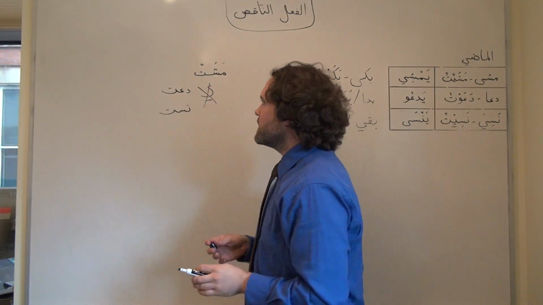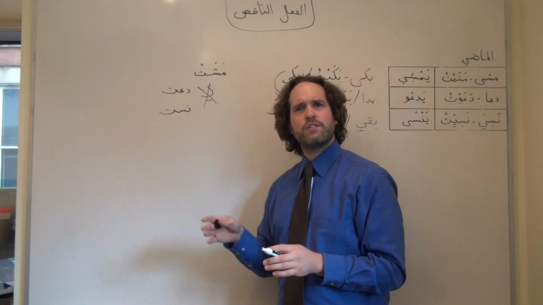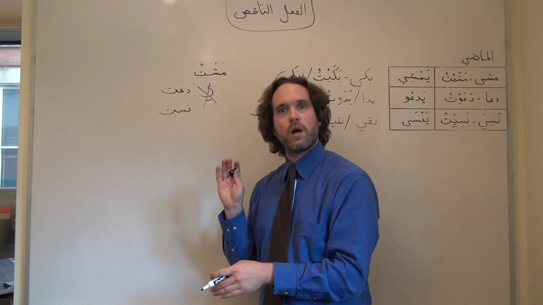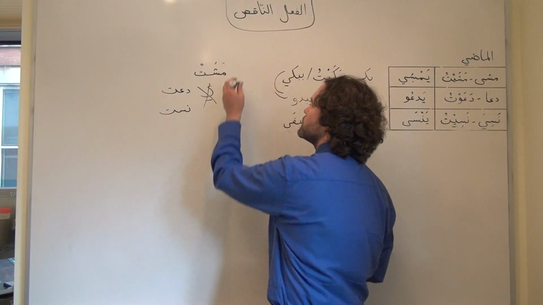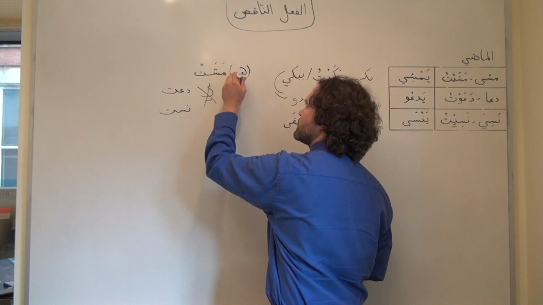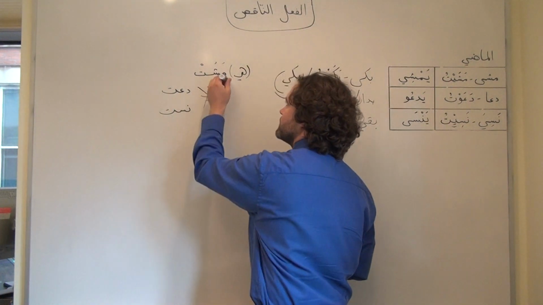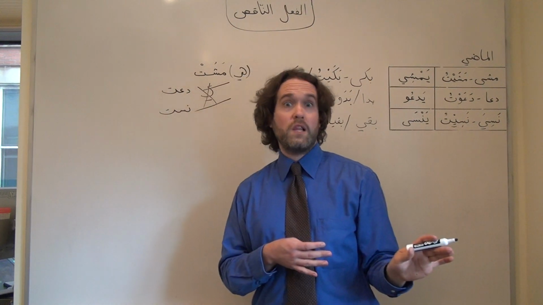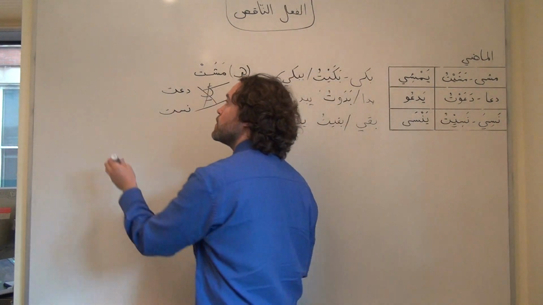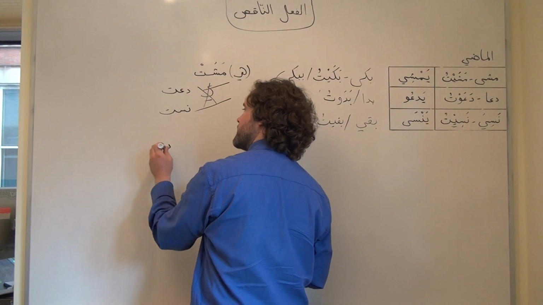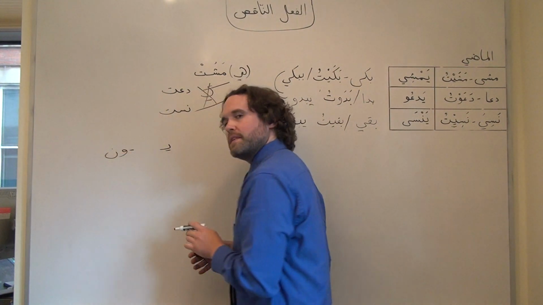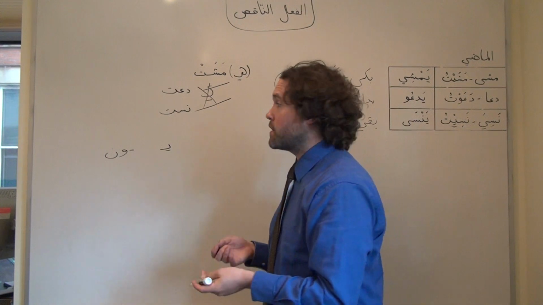The other thing is that if we're conjugating for most conjugations that have a suffix in the present tense, we're also going to drop that vowel. So that's for hiya in the past tense, but if we're talking about hum, all of them, in the present tense, you know that typically we add a ya and then an un at the end in a present tense marfu'a conjugation.